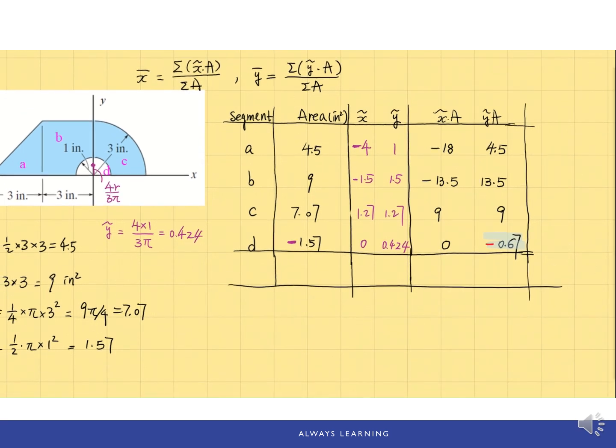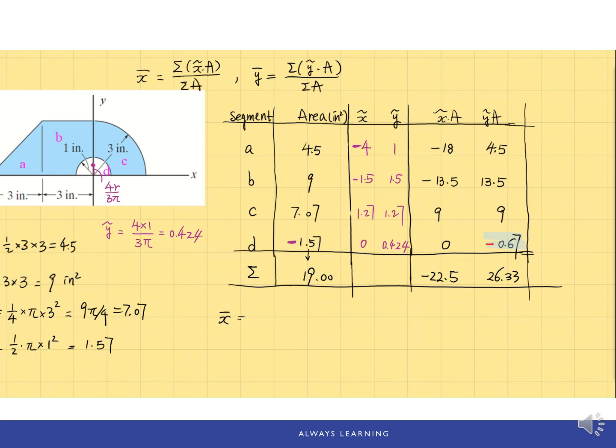And next, let's calculate the sum of the areas. We just need to add this column, which will be 19.00, and add the x tutor times A column, which is negative 22.5, and add the y tutor times A column, which is 26.33. And now we're ready to plug the numbers into the formula.